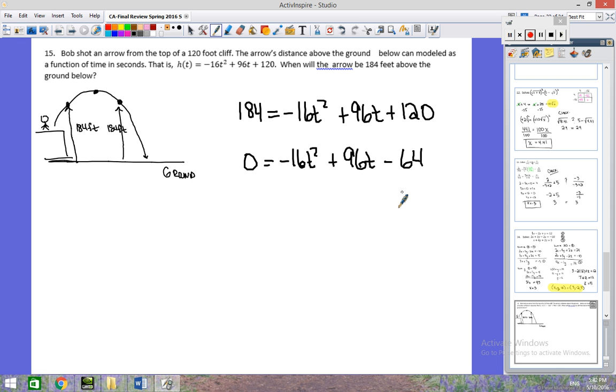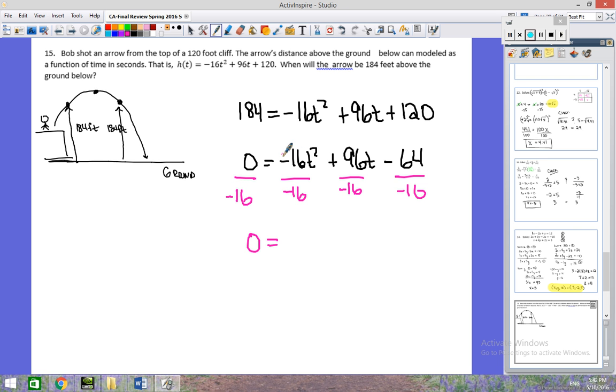Now I think all these numbers are divisible by 16. In fact, I'm going to divide all of them by a negative 16. So I'll divide the 0 by negative 16. Well, hey, that's going to give me 0. Everybody gets divided by negative 16. So on the left-hand side, I have 0.